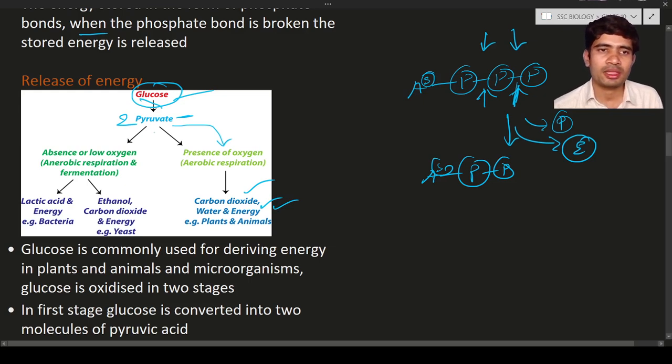For example, in bacteria, where oxygen is absent or low, lactic acid and energy are produced. In yeast, ethanol, carbon dioxide and energy are produced. Depending upon the type of bacteria and type of media, lactic acid, ethanol and also carbon dioxide will be produced.